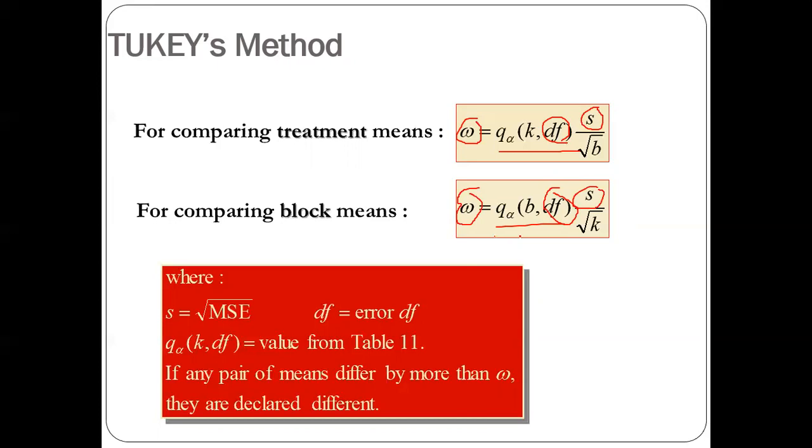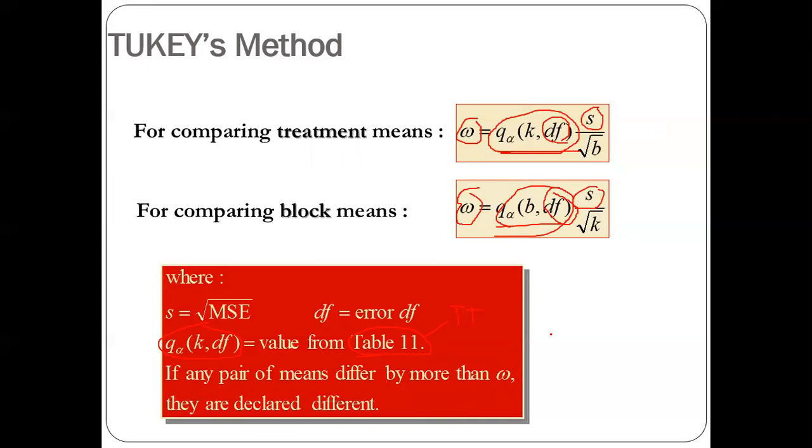And how do we get these two values? That is the value of Q alpha, K and the F, treatment and degree of freedom of error. We can refer to the Tukey table, so table 11 means the Tukey table.